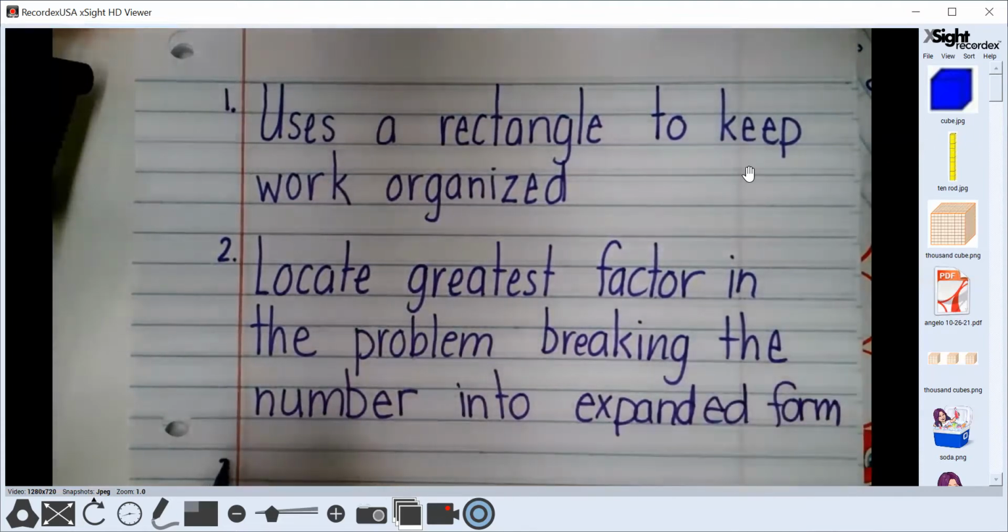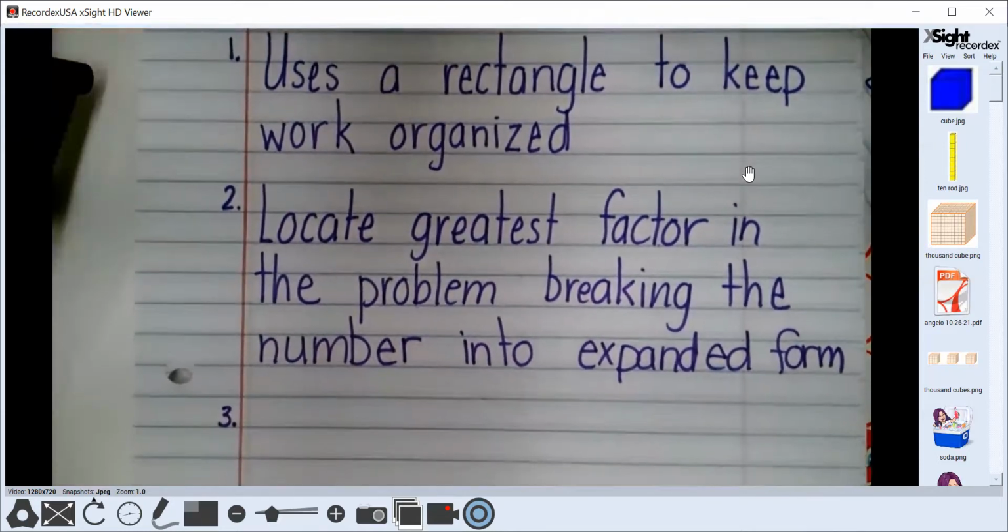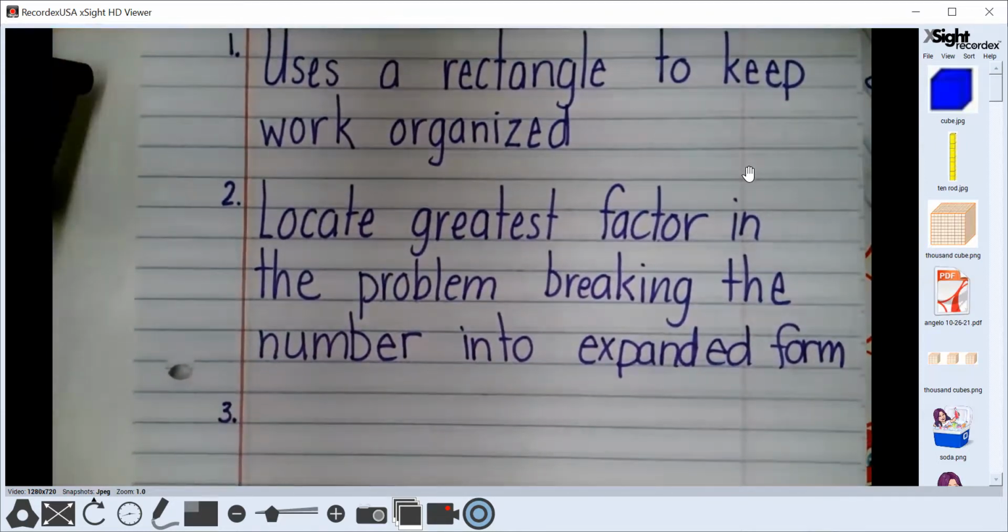The third thing that we're going to do is to distribute the smaller factor to all the pieces.